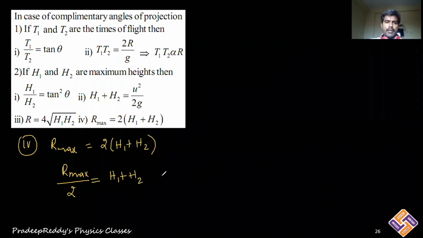Now, we have already proved that h1 plus h2 is equal to u square by 2g. Let me take this as equation number 1, and this as equation number 2. So h1 plus h2 is equal to u square by 2g.